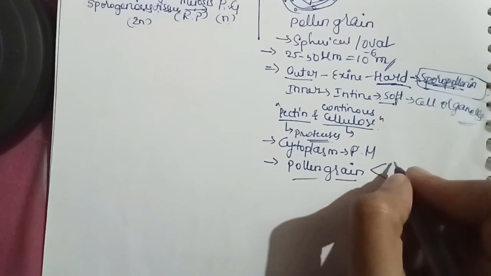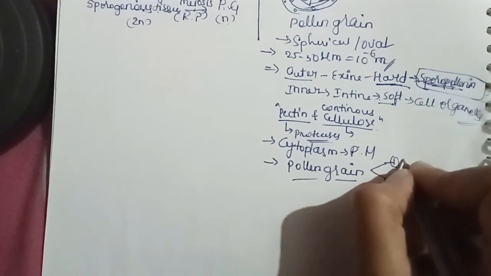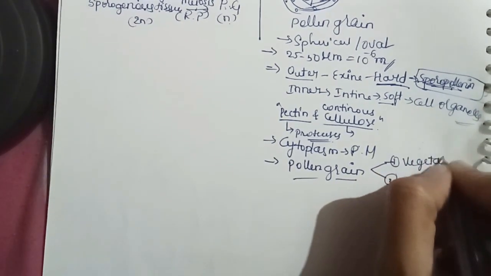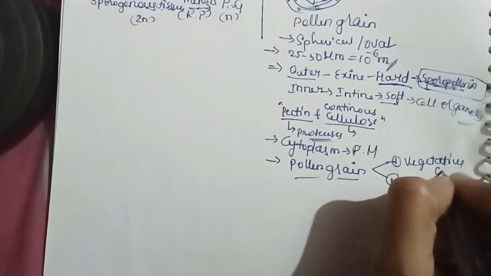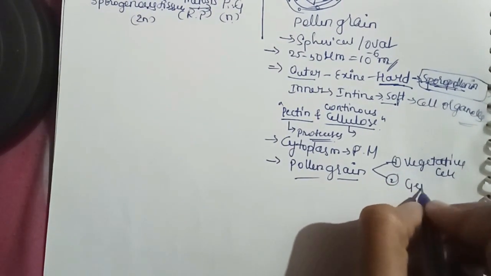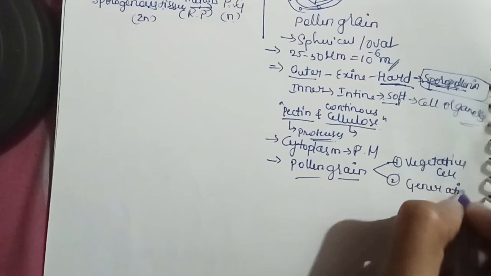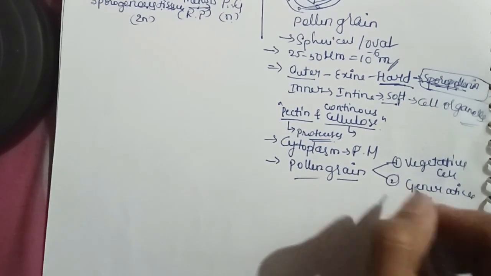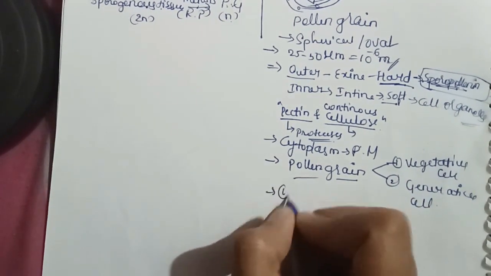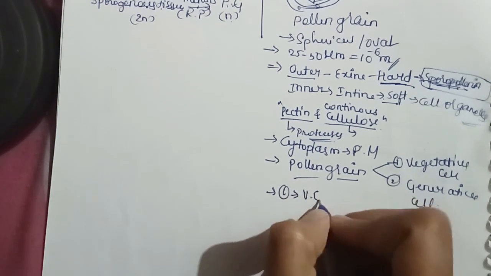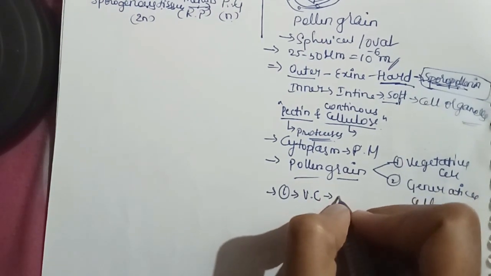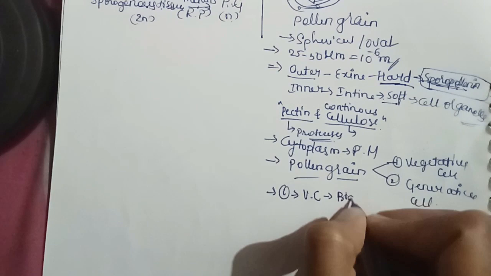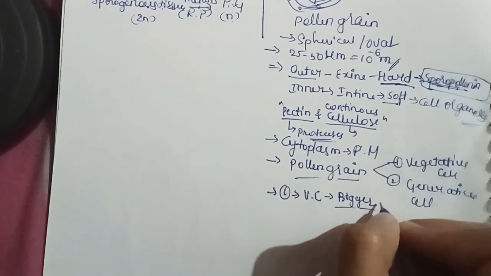it will have two parts. One is the vegetative part, the vegetative cell you can say. The second one is the generative cell. Why are they called the vegetative cell and the generative cell? Because the first one is the vegetative cell. This vegetative cell is very big in nature, it occupies most of the space.